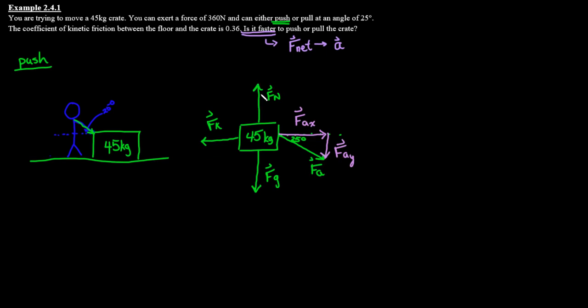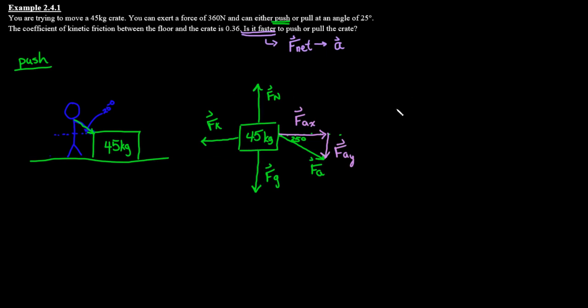So our normal in this case, for it not to accelerate through the floor, for F net to equal 0 in our Y direction, our normal is going to have to cancel these two forces. And that's why I couldn't say that the force of normal was equal to the force of gravity in this case, because my applied force actually adds to the force of gravity, which means the floor actually has to exert more force back up onto the crate in order for F net to still equal 0 in that direction.